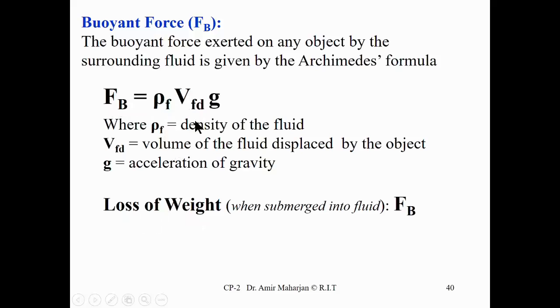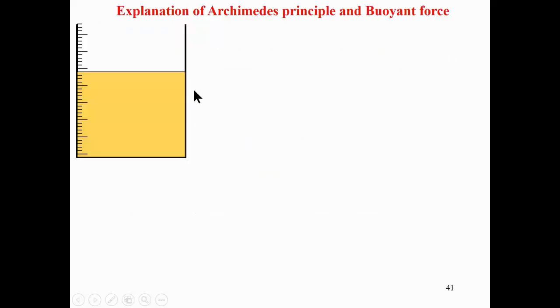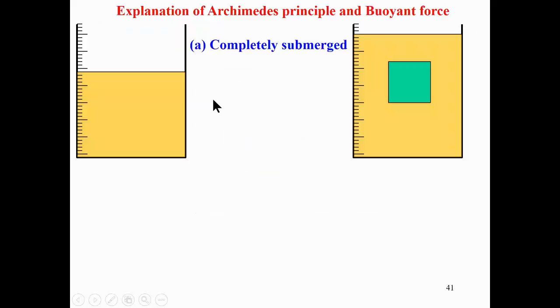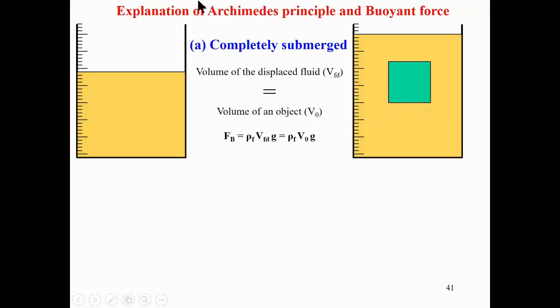Okay, so some more explanation of Archimedes principle and buoyant force. In this first example, if an object is completely submerged, how would you find the buoyant force acting on this object? It's easy, just use the Archimedes principle.